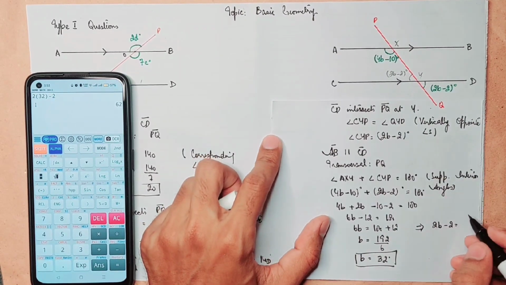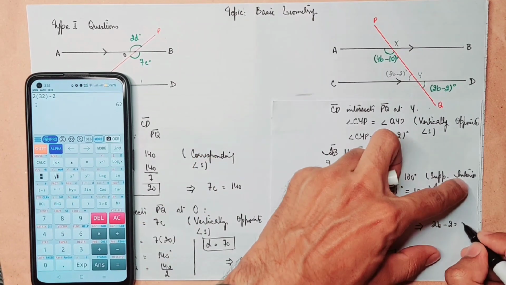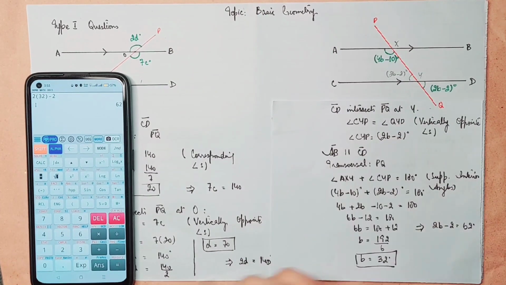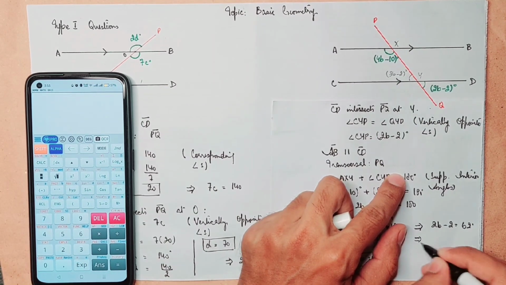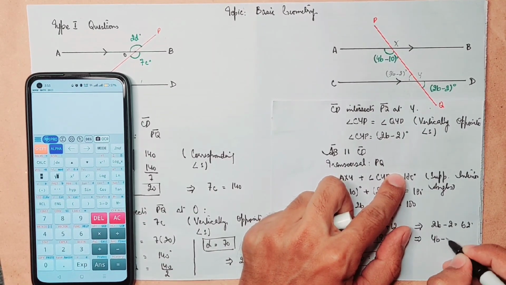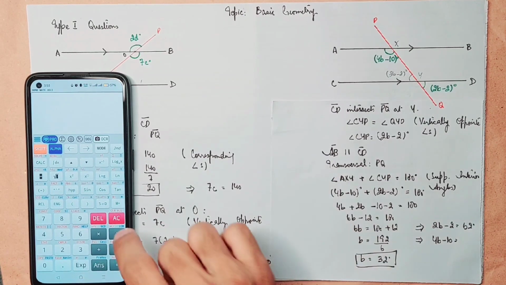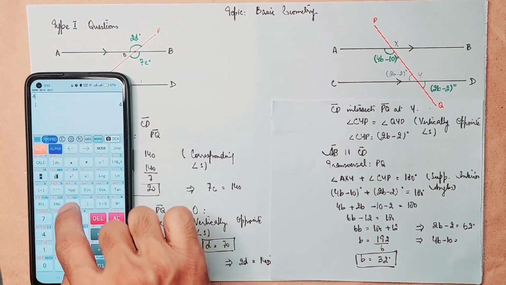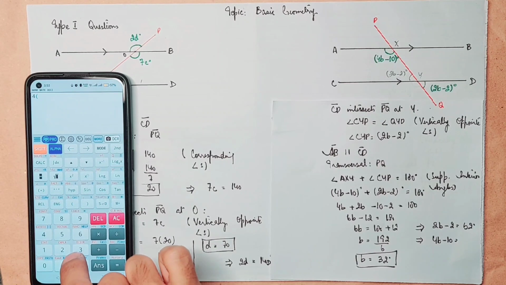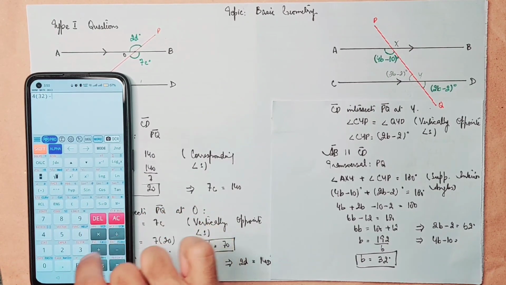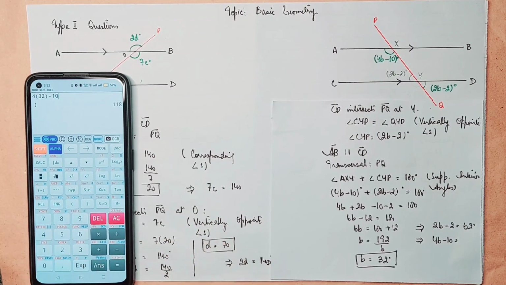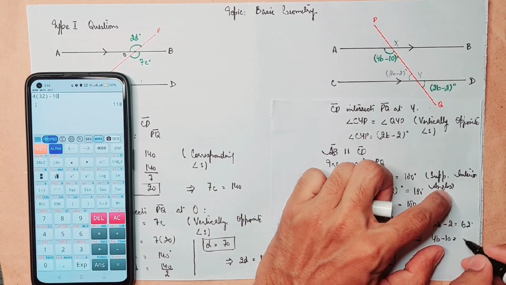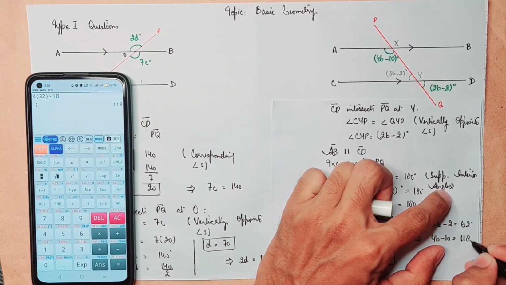So one of the unknown angles is 62 degrees, and the second unknown angle is 4b minus 10. I put the value of b as 32: 4 into 32 minus 10 gives me a value of 118 degrees.